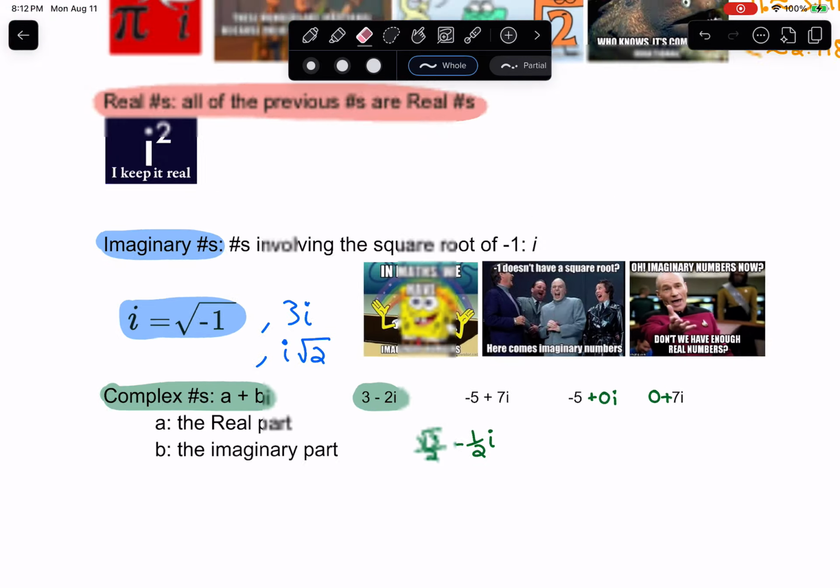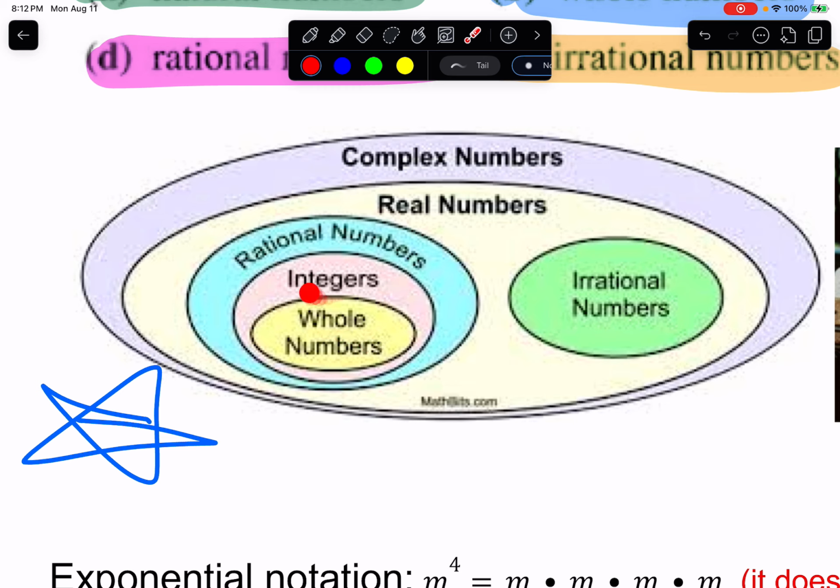Natural numbers should be inside of whole numbers, then whole numbers, then integers, then rational numbers, and then side by side with that is irrational numbers. Both of those fall in the category of real numbers. And then we have complex numbers, but then separate from real numbers, within complex, we should have imaginary numbers here as well. Okay.